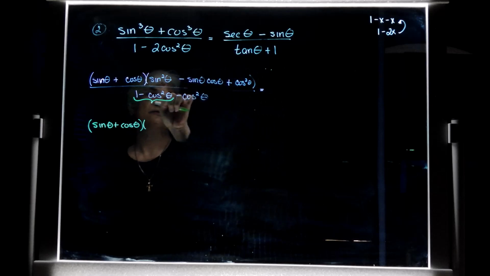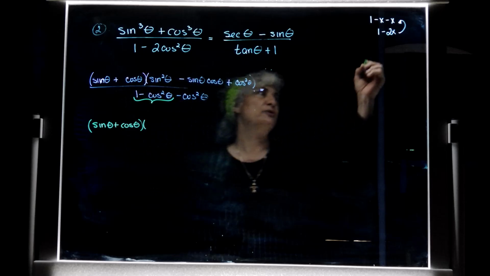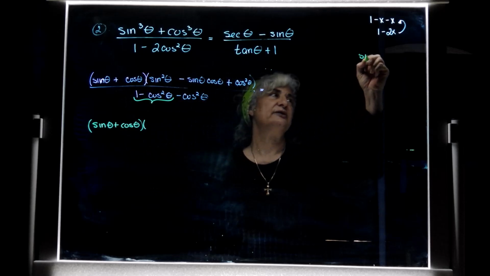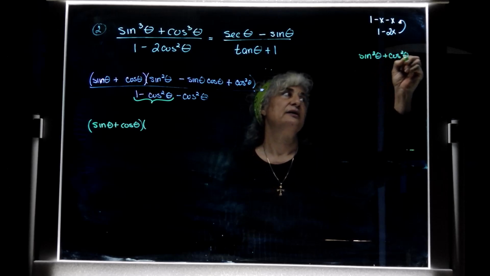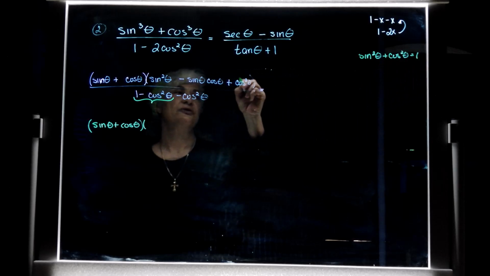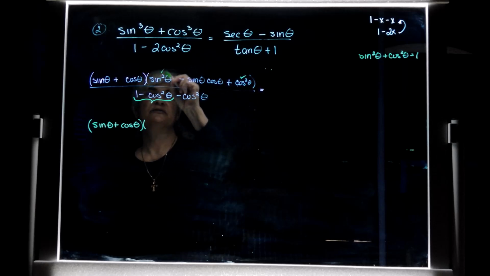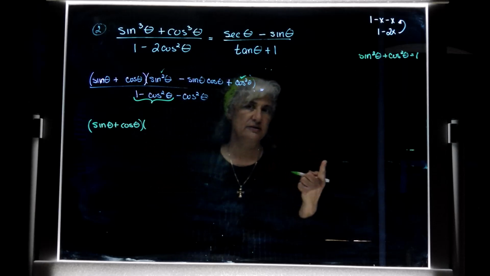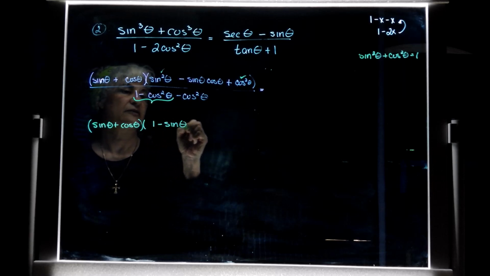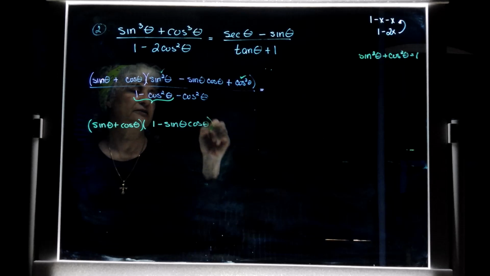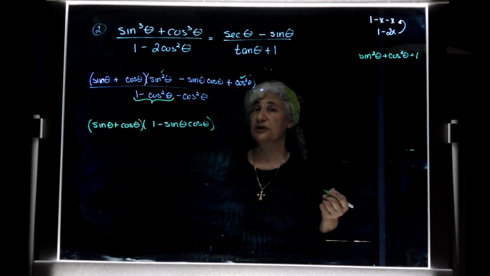Notice and see if you can do something in this parenthesis right here. What do you notice? Ah, good. Some of you caught it. And I am going to write it down. Sine squared plus cosine squared equals 1. Do you notice you have cosine squared a positive and sine squared? Isn't that just a 1? So 1 minus sine of theta cosine of theta. So I could do something up there, couldn't I?